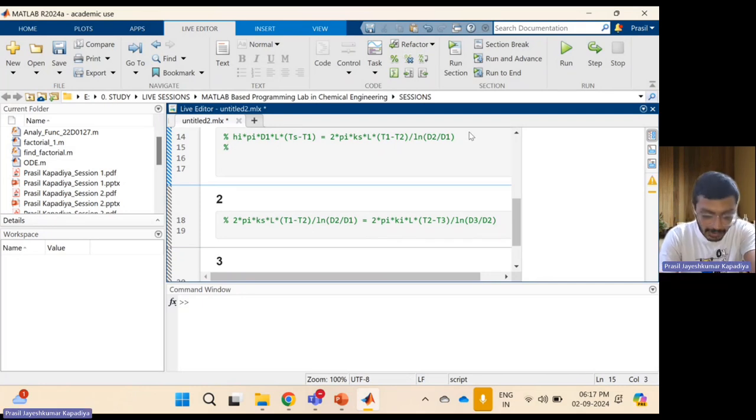So what can we write? Okay, I am cancelling out pi and L from both the sides. So my equation will be Hi into D1 into Ts, correct?